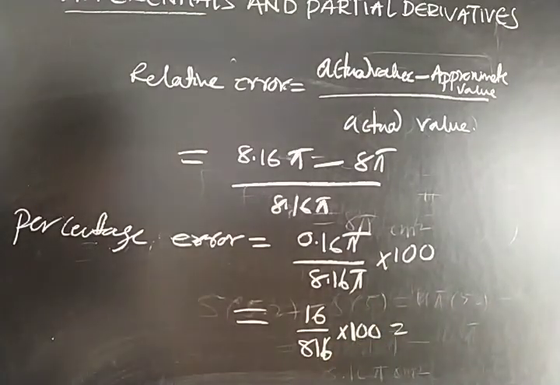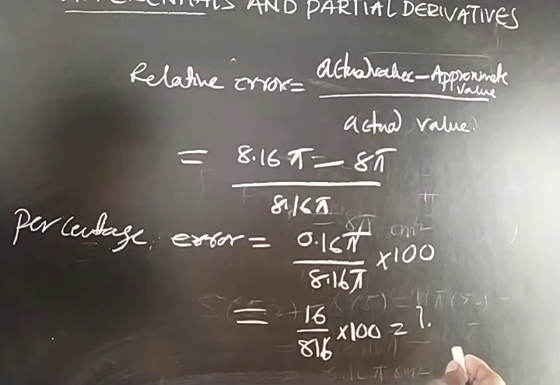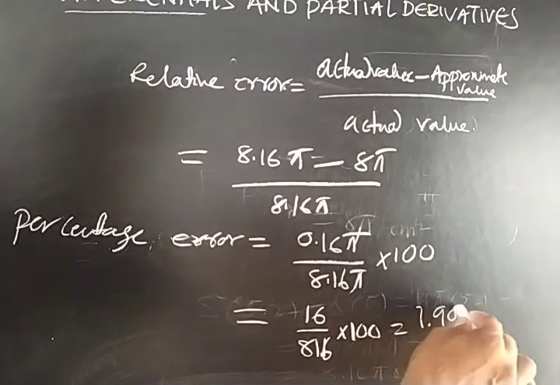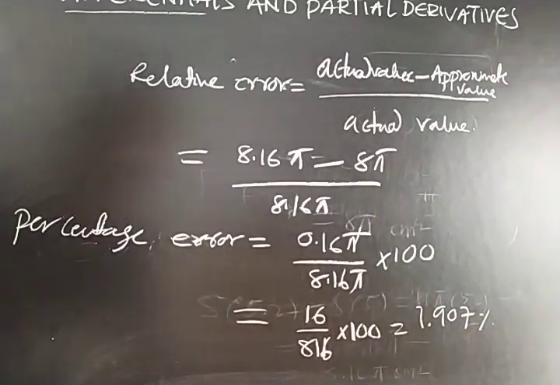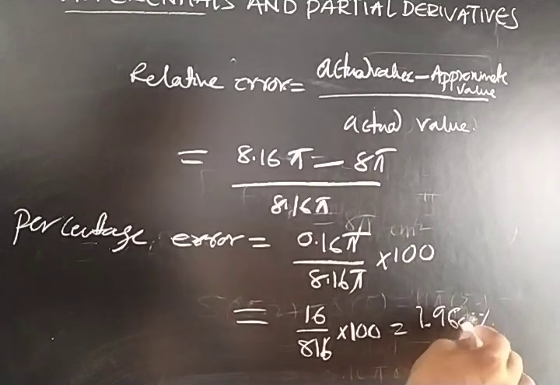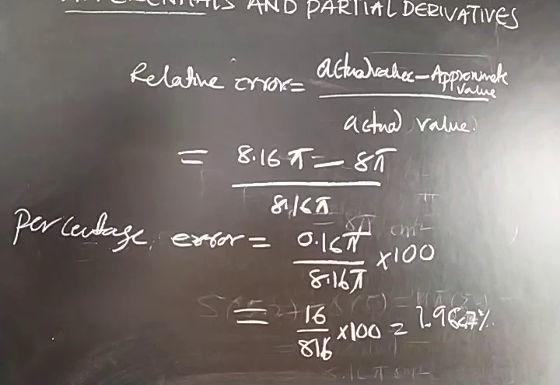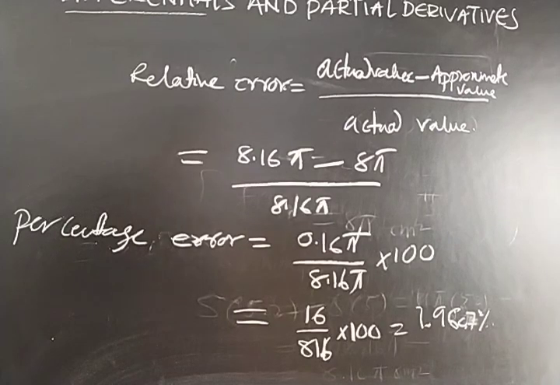Simplifying this, you get 1.9607 percent. Okay, this is the procedure to find the percentage error, relative error, approximate value and actual value.